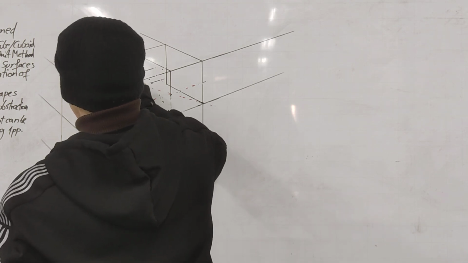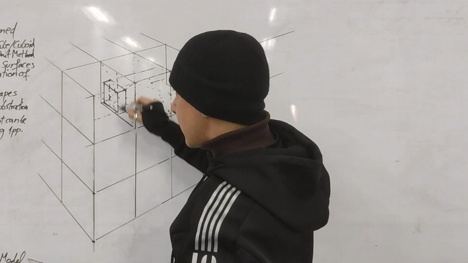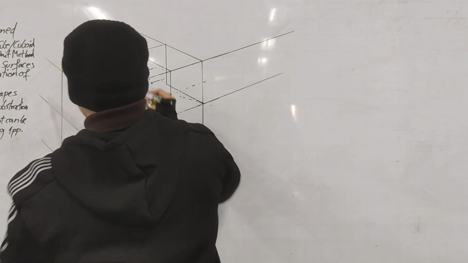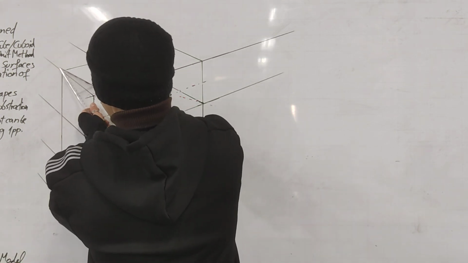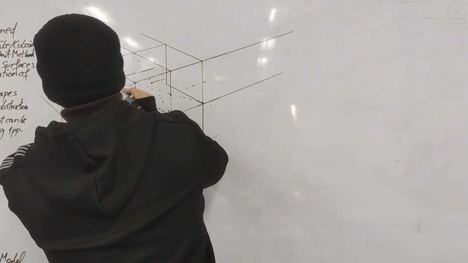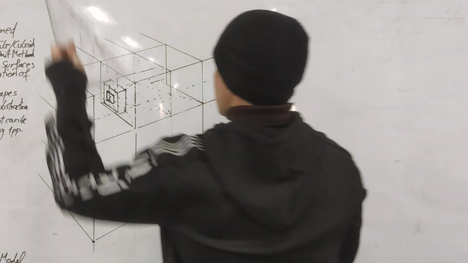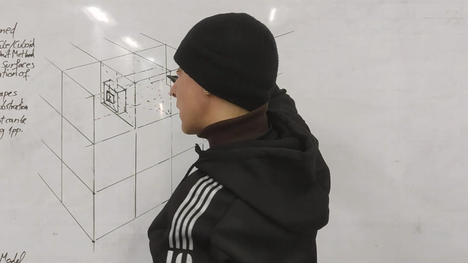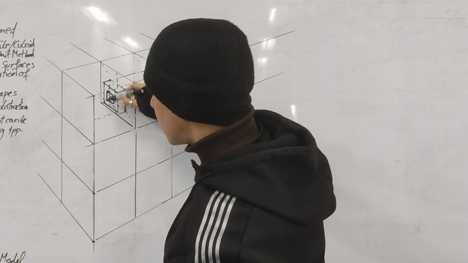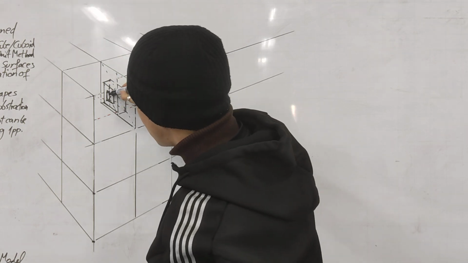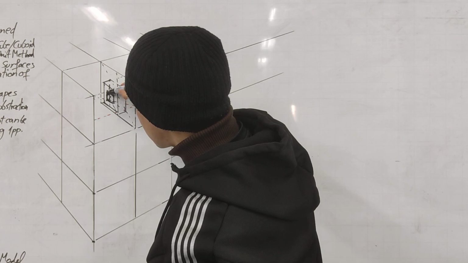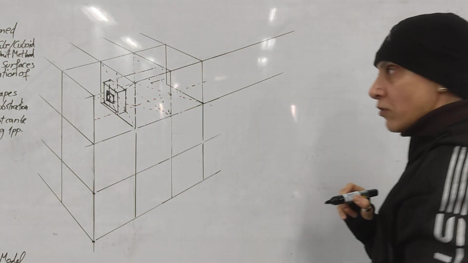So here is the center, and then I will split again to find the center of this square. All the lines go to the vanishing point, of course. Now these are the diagonals, this line and this line going to the vanishing point, and then we know that we draw the circle inside, touching the 4 points.